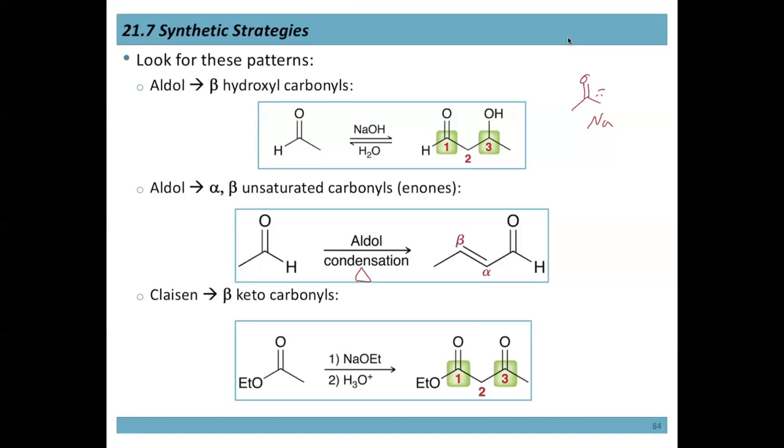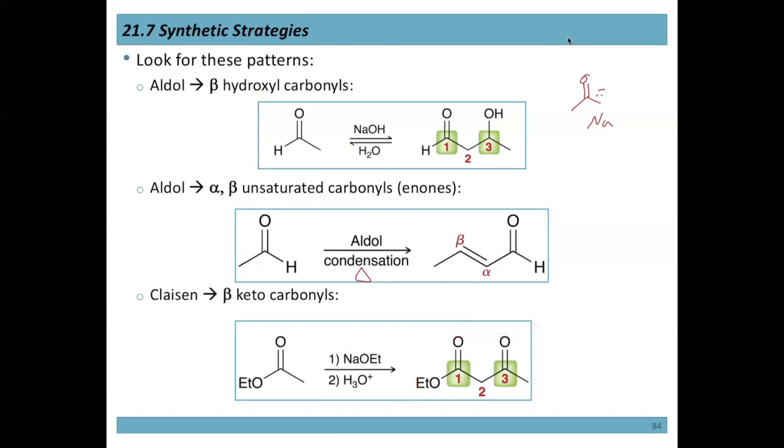So the bottom box, as I mentioned, gives us a 1,3 dicarbonyl compound. Notice that we end up with a very activated carbonyl here. In fact, if you look close at this molecule that I'm highlighting in the box, there's a specific name for that molecule.